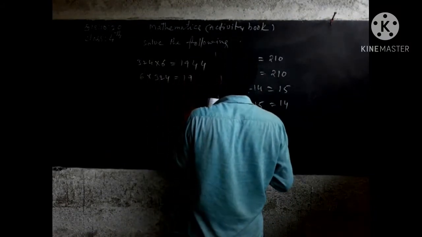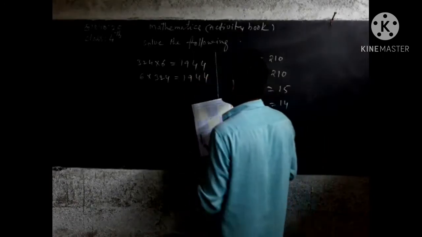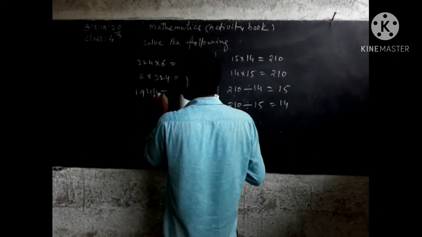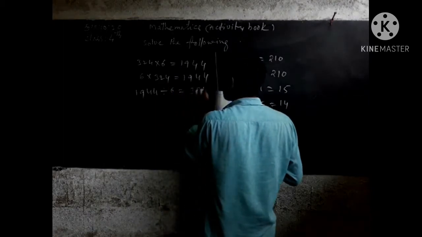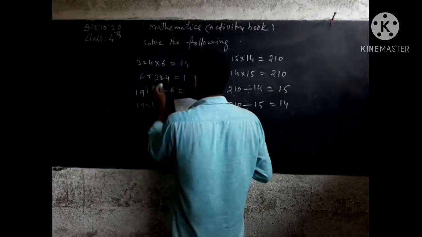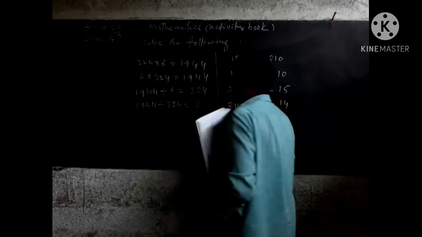You can get 1944. Then 1944 divided by 6, what we get? You can get 324. Next, 1944 divided by 324, what we get? You can get 6.